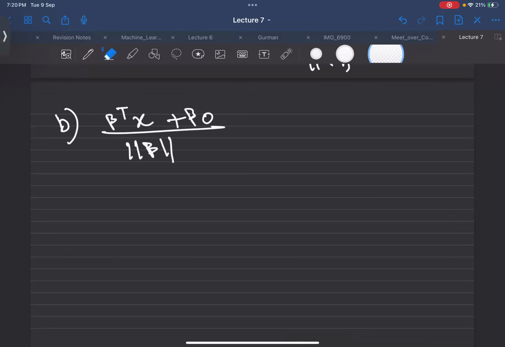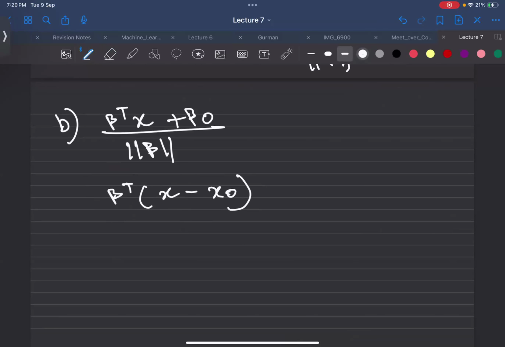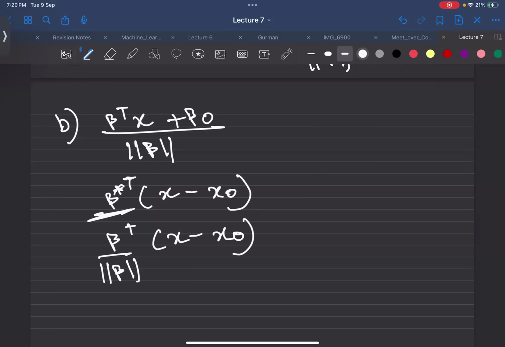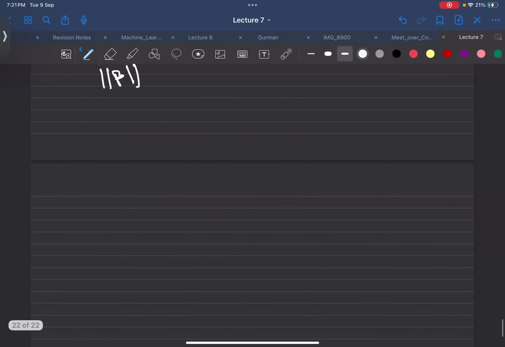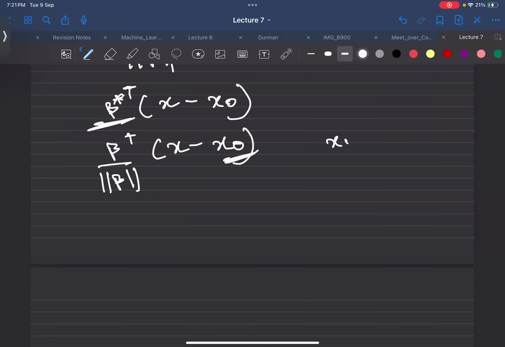I have told you that's why maths is important, so that we can actually do multiple things and try to understand. There was a point X to X naught which is on hyperplane. So this is the distance we have done. Now I know that beta star is basically beta over beta norm. Fine. Now I know that X naught is on the hyperplane.